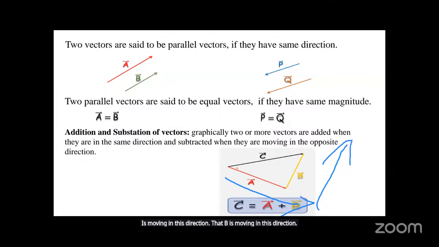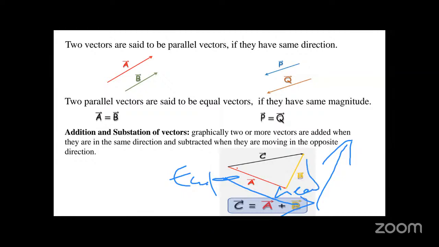So now, if you look at the two vectors, the end of vector A is the beginning of vector B. Where vector A ends, it's where vector B begins. Remember tail and head. This is the tail region, and this is the head region.